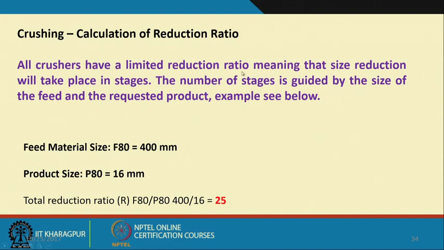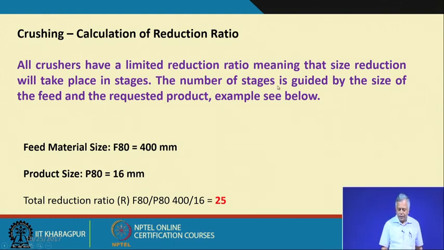The number of stages is guided by the size of the feed and the requested product size. That means how many stages are required is dictated by the average size of your feed material and the average product size you aim for. This is an example for that.